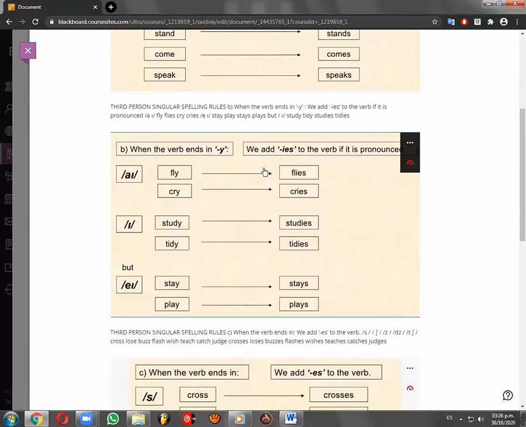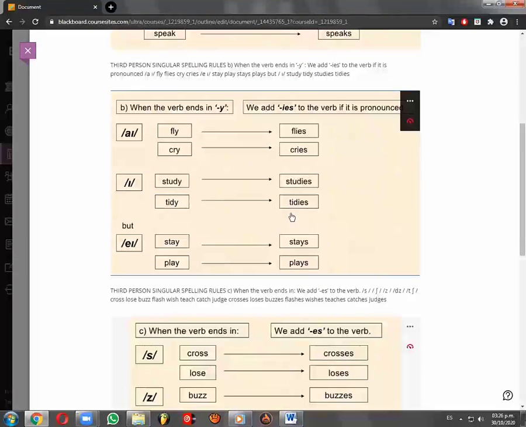You can reemphasize this: fly, flies. Okay, and also cry, cries. You can see the difference, right? And also this word, study, you can replace the y with ies. Study, studies. Okay?